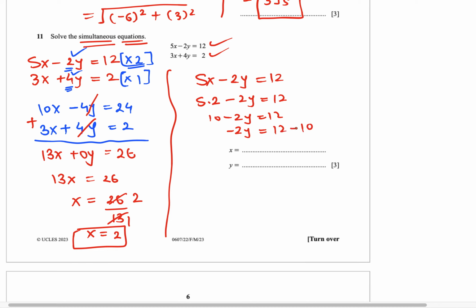Am I right? Yes, I'm very correct. So minus 2y is equal to 2, y is equal to 2 upon minus 2, y is equal to minus 1, right? So this is our x value, this is our y value. I will write the final answer: x as 2 and y as minus 1, right?